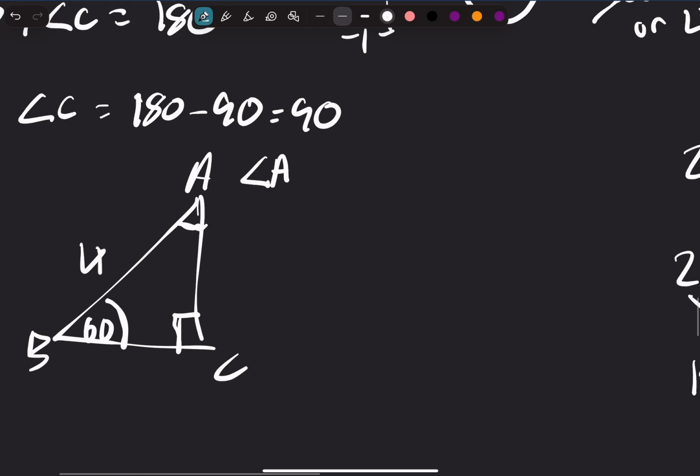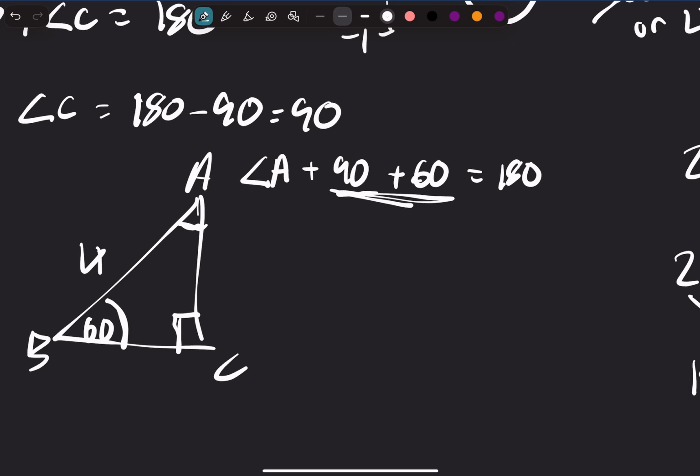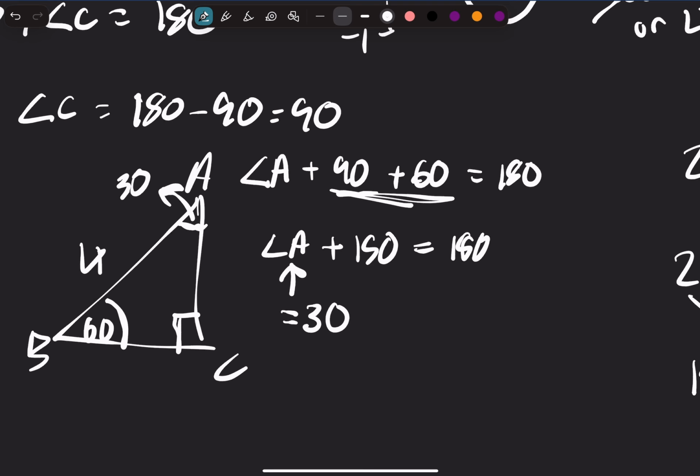If we combine these two, we get angle A plus 150 equals 180. Now it's pretty clear to see that angle A equals 30. So we have a 30, 60, 90 triangle.